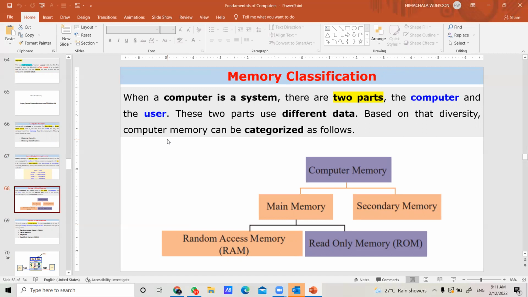Based on the nature of the data we are going to store, these memories are divided into further parts. For example, main memory can be divided into 2 sections, RAM and ROM, random access memory and read-only memory. Later we'll discuss other categories also, like cache and registers. We will learn those types of memories today itself.